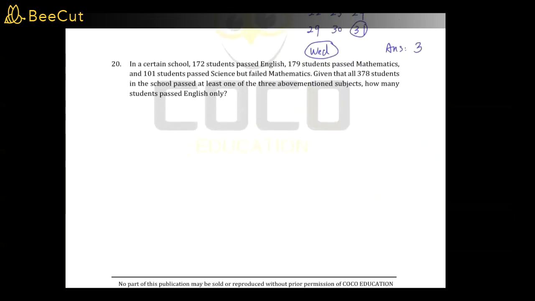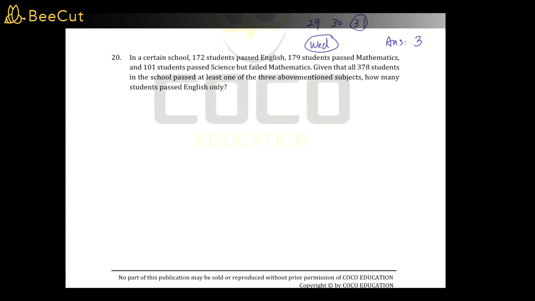Then let's move on to question 20. So let's draw a Venn diagram. First, we have 3 circles, 1 for each subject.